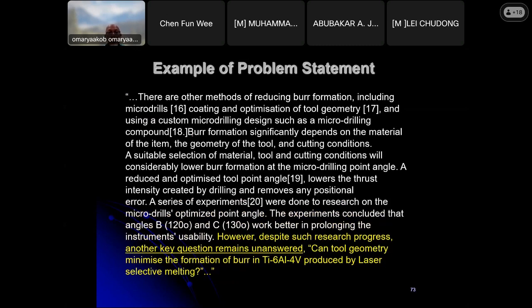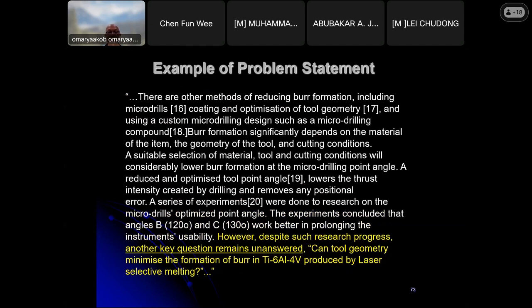Another example. There are other methods of reducing burr formation, such as micro drills, continuous relation to geometry, and using custom micro drilling cells. Burr formation significantly decreases, and so on. A reduced and optimal two-point angle lowers the thrust intensity in drilling. A series of experiments was done to research this, and so on.